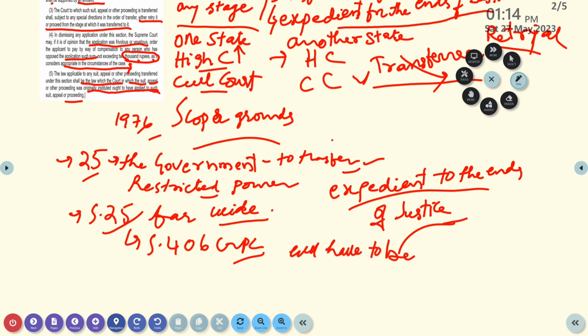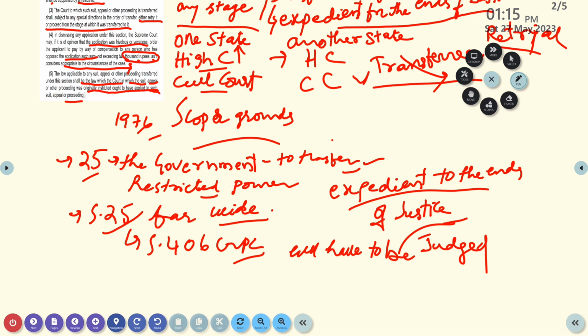That means it has to be decided by the court based on the facts and circumstances of each case. We can't give any definition for the meaning of expedient to the ends of justice. It can only be decided on the hearing of each petition by the court.